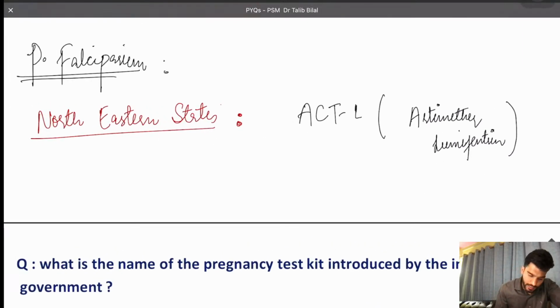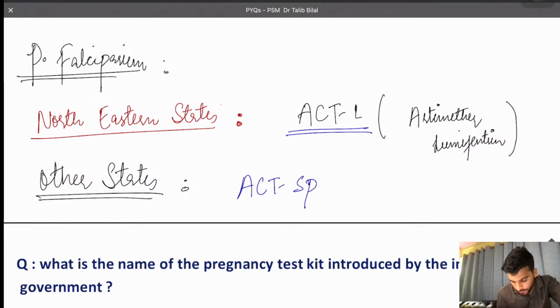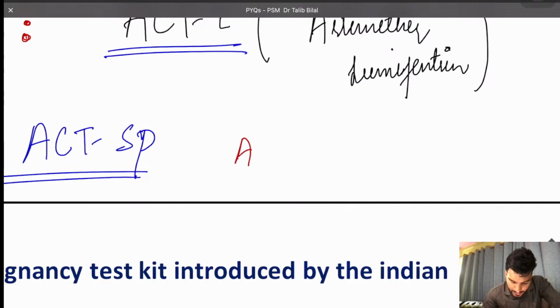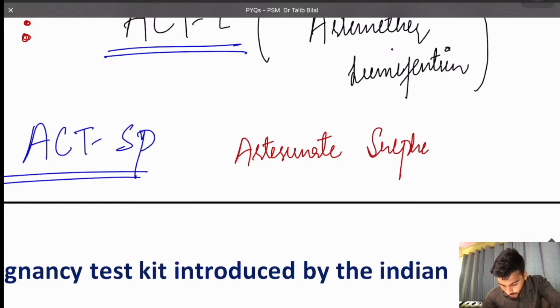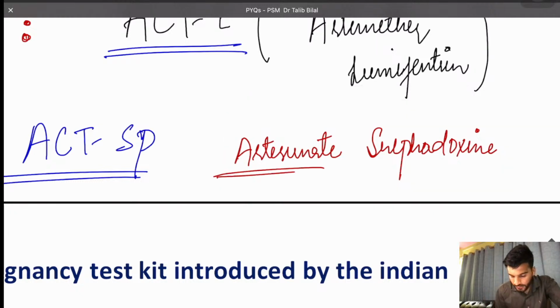Okay, and if I talk about other states, then your treatment is going to be ACTSP, that is artesunate and sulfadoxine. Remember that.